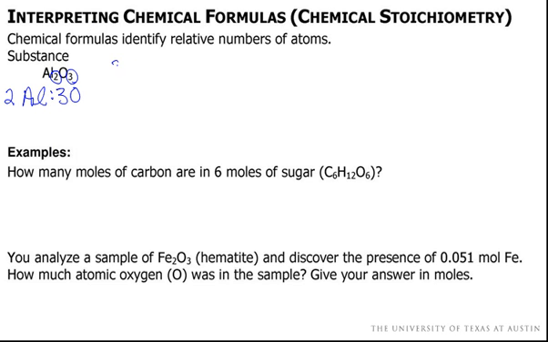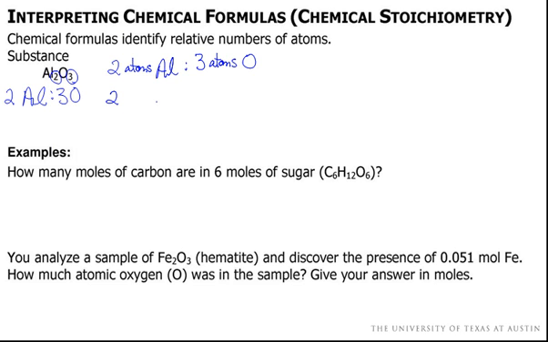So I have 2 something of aluminum, aluminum is Al, to 3 something oxygen. What I do to the left, I do to the right. So if I have 2 atoms of aluminum, then I have 3 atoms of oxygen O, monatomic oxygen.